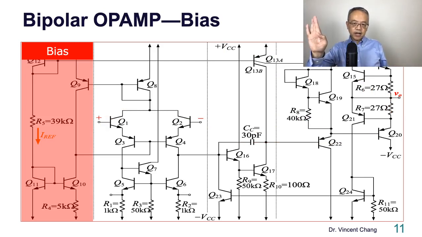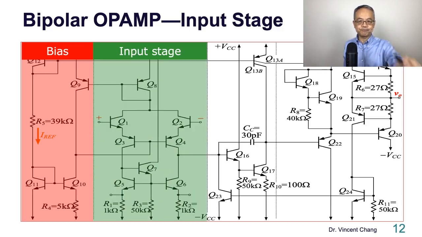On the left-hand side is the bias circuit, which includes the 4 transistors within the red block. The purpose of the bias is to establish a constant DC current in the body of the transistors. On the right is the input stage, called a differential amplifier, consisting of 8 transistors.